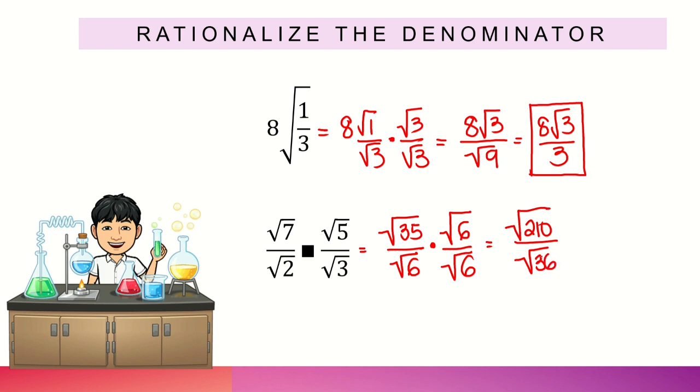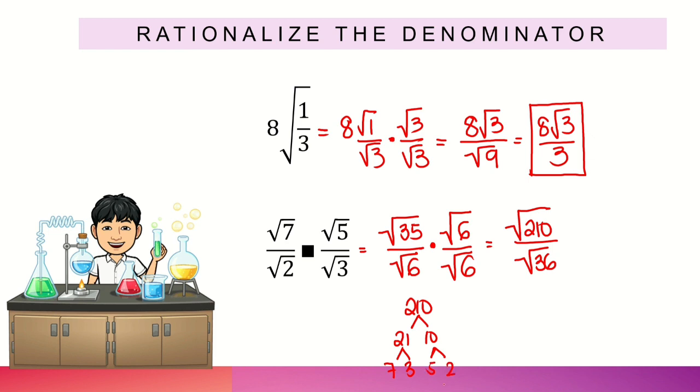Now before we arrive at the final answer, let's check if 210 is still reducible to lowest terms. By prime factorization, we have 21 times 10, and this is 7 times 3, and this one is 5 times 2.